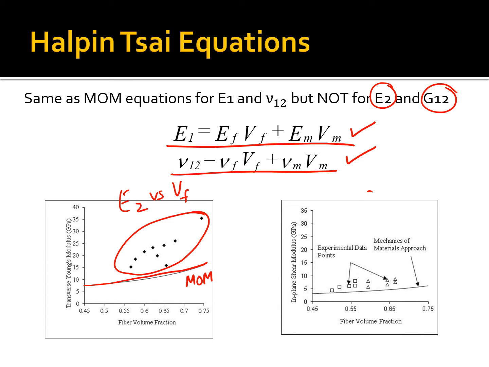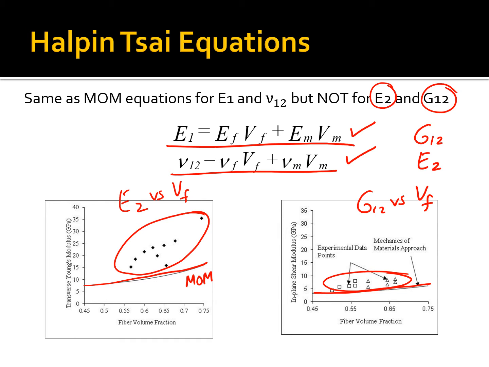The same thing was true when they looked at G12 versus VF: the mechanics of materials approach, which is this line right here, is far off from the experimental results for the same composite material. So that's why there's a need to ask, how can we get different formulas for G12 and E2?